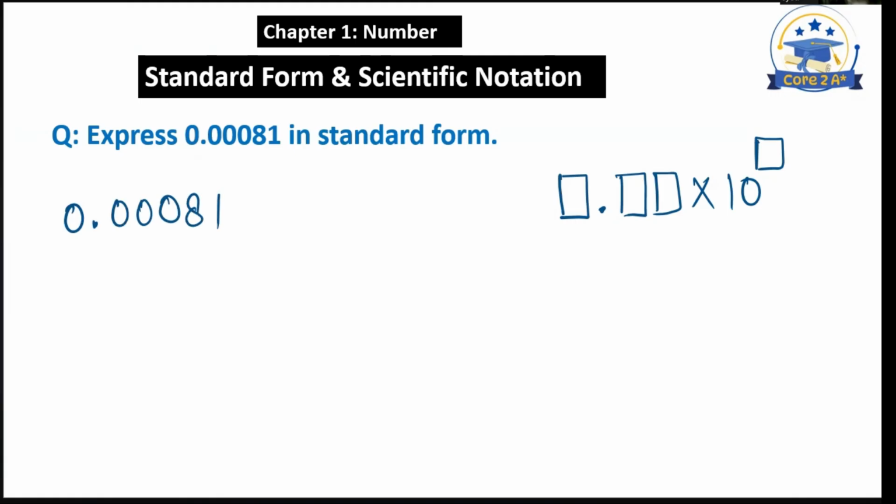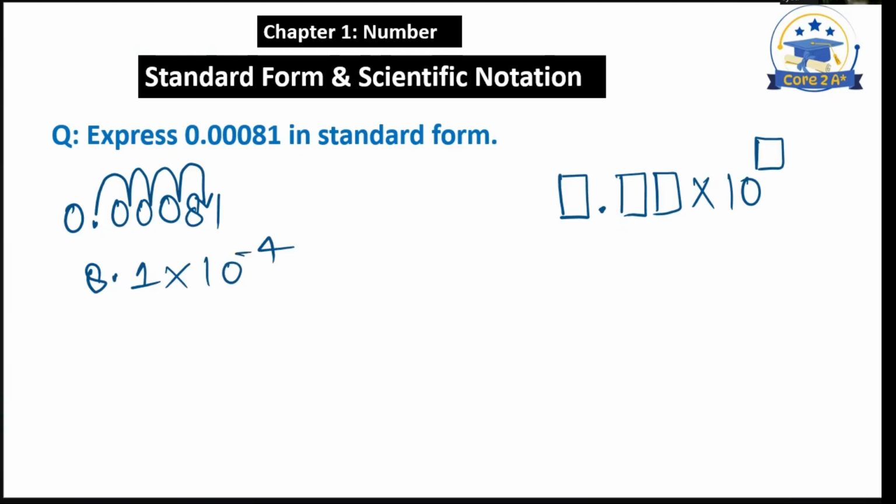Now where we have to move this decimal? 1, 2, 3, 4, right? We have to move this decimal 4 digits in the right side, right? So if we move in the right side, power will be negative. Okay.